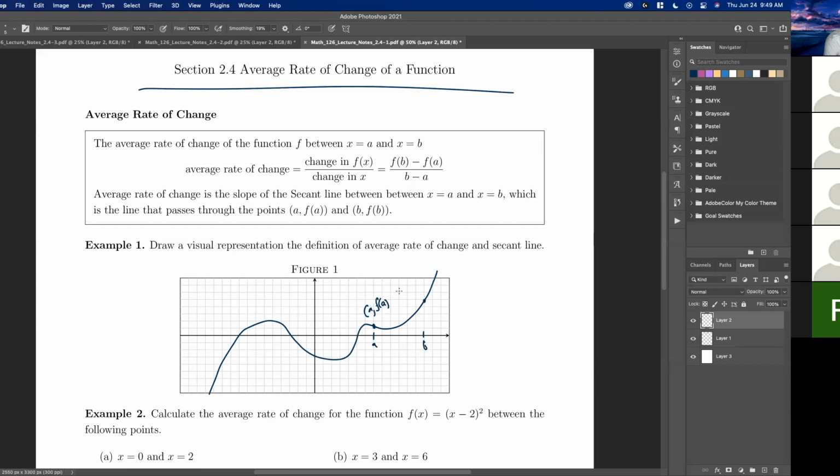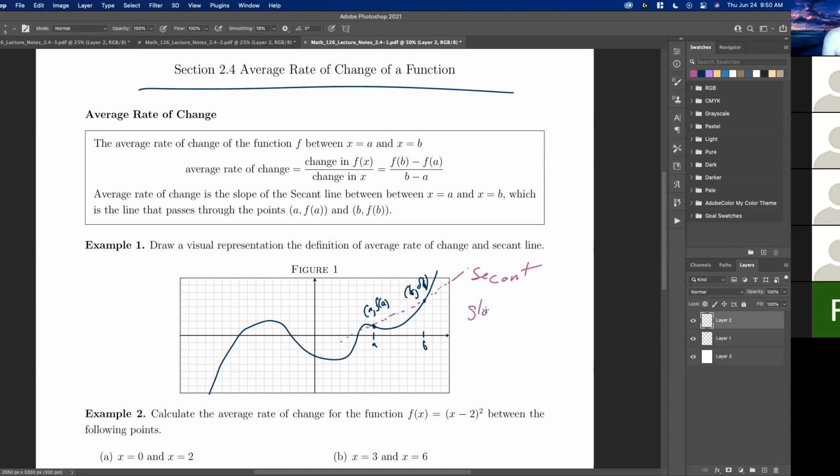And this point right here will be B, f of B. Let me draw in this kind of pink just so I use a different color. And this right here is the secant line.